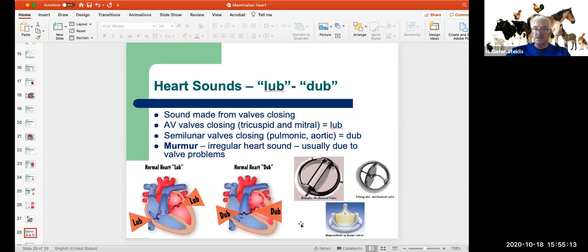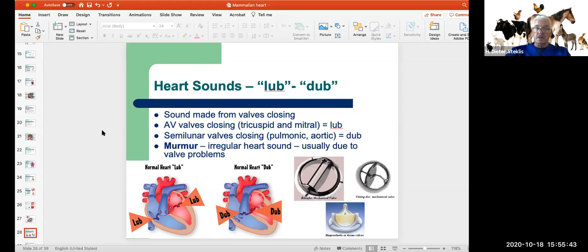Different devices can be used, mechanical devices or biological ones, like pig valves. Pig heart valves are often used and well tolerated as a valve replacement surgery. If the valve gets too leaky, you get too much mixing of oxygenated and deoxygenated blood together, or it's simply not efficient in terms of pushing blood into the lung and keeping it well separated there.